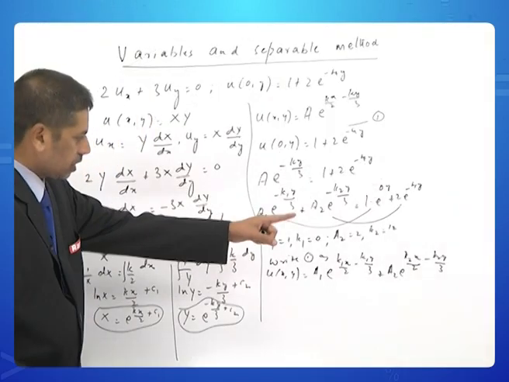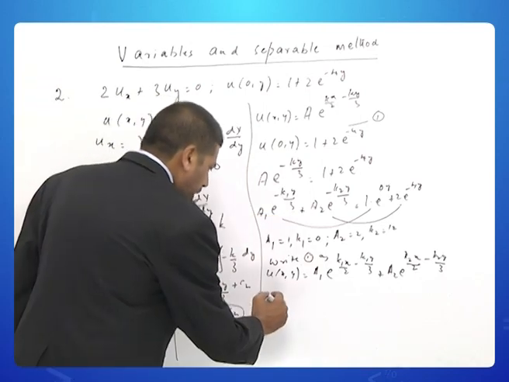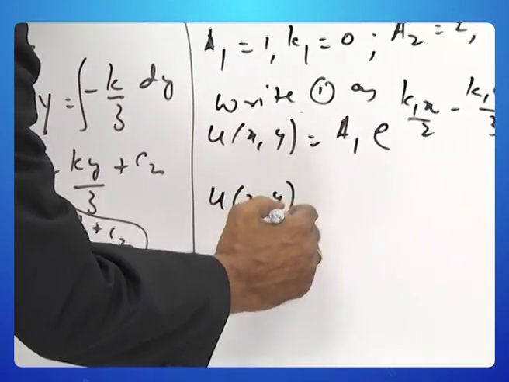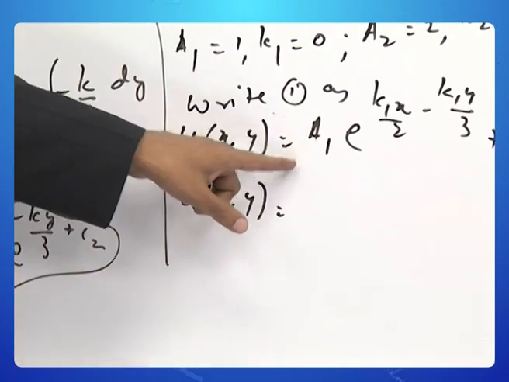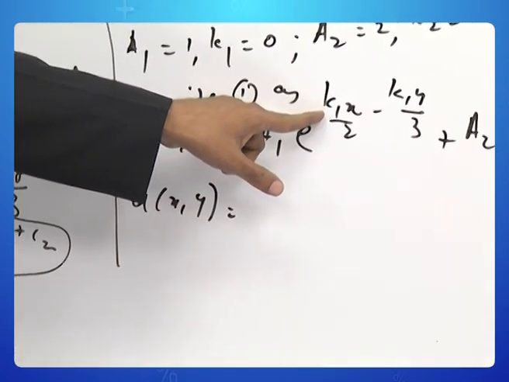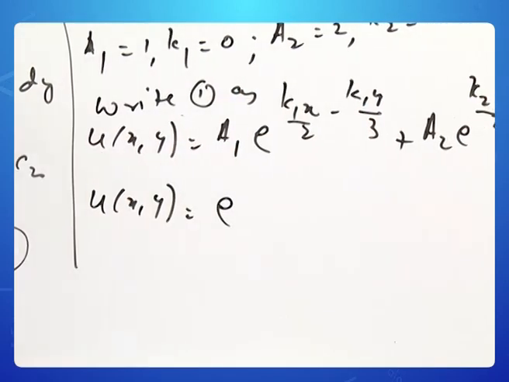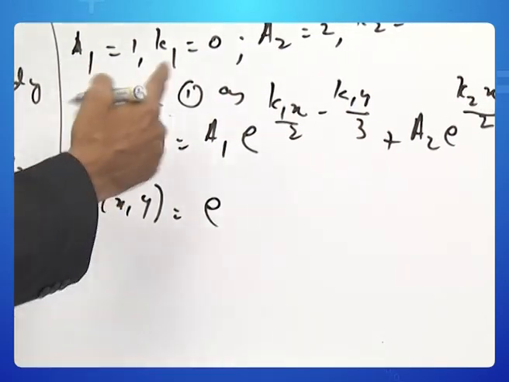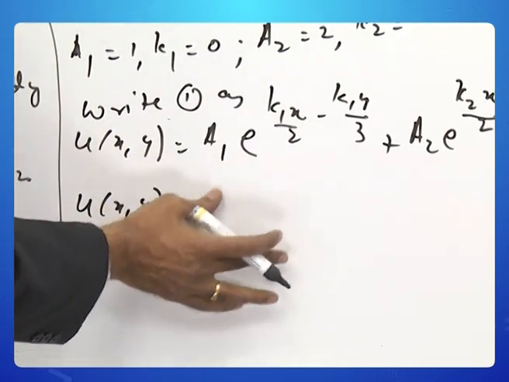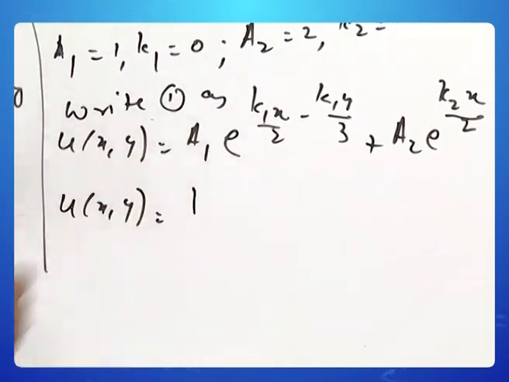So use the values that are available to us, and you will get u(x,y) is equal to a1 is 1, k1 is 0. Therefore, you will have directly this term, e power k1 is 0. So therefore, the whole of this becomes simply 1.